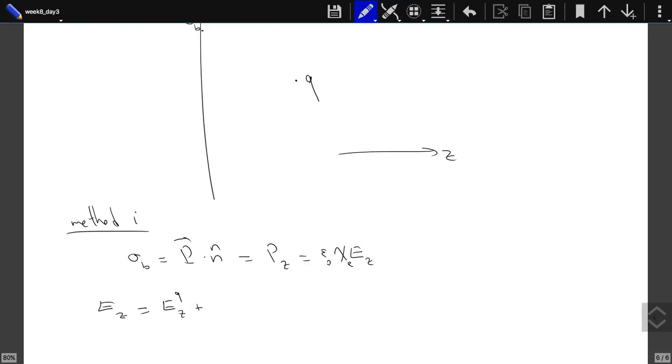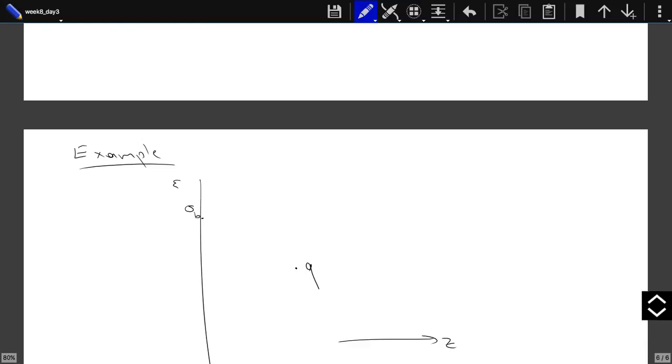But this electric field created by the surface charges, if you are very close to the surface, is given only by the surface charge density, and the electric field is nothing but sigma over 2 epsilon 0.